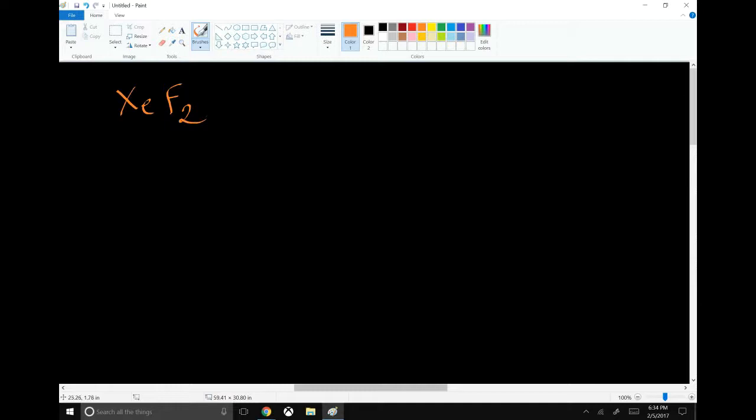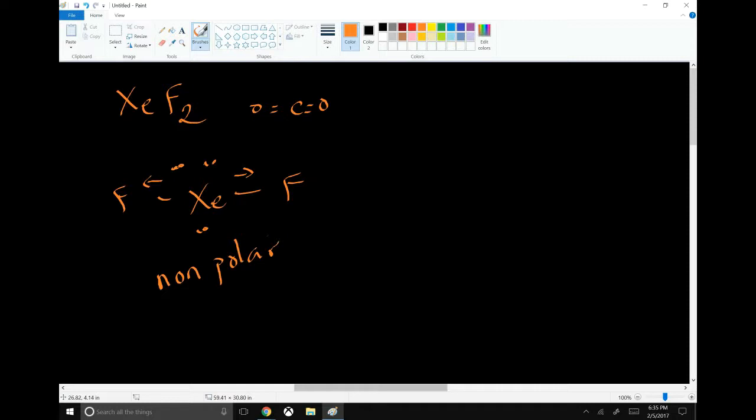Again, we just know that it's linear with 3 non-bonding pairs. So even though it has non-bonding pairs, because it's nicely linear, these fluorines still cancel each other out, sort of like carbon dioxide did. So it's still a nice, perfectly balanced tug of war, so it's nonpolar.